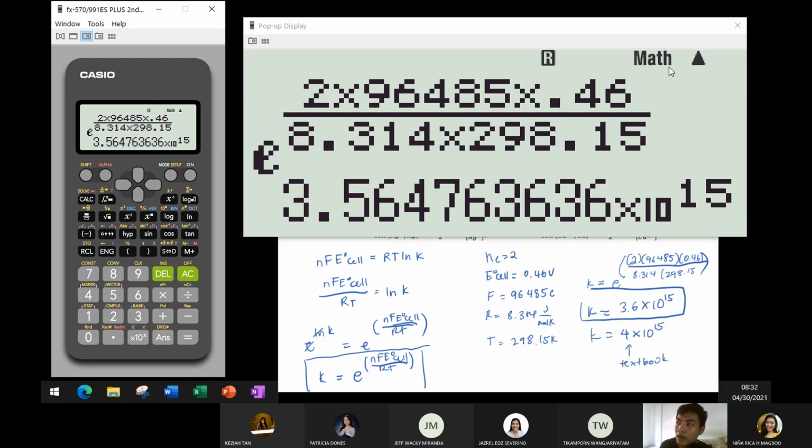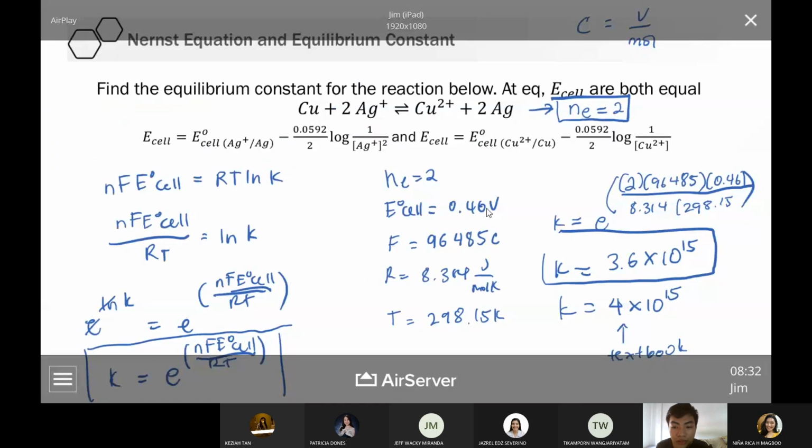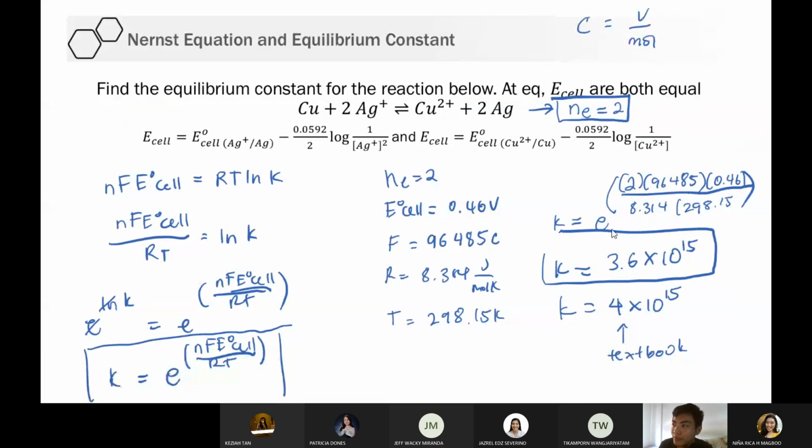So the K is so high. And we know if our K is greater than 1, then the reaction will proceed to the right, meaning the reaction is spontaneous. So we just solved that the K is a very big number, times 10 raised to 15. So that means this reaction will really happen. So this is how you solve for the equilibrium constant given the cell potential.